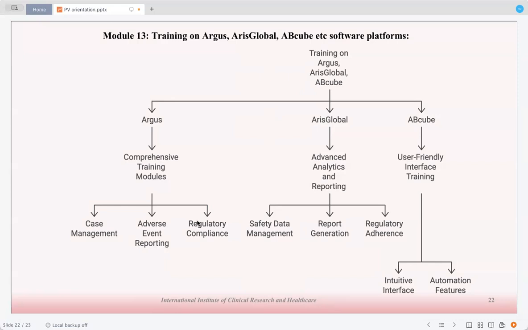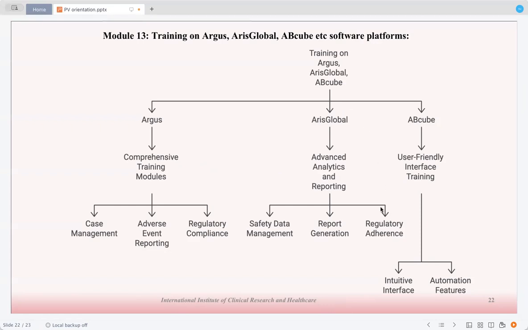Next, ARISg. This ARISg training emphasizes the use of its advanced analytical tools and reporting features, enabling users to efficiently manage and analyze safety data, generate reports, and ensure adherence to regulatory requirements.